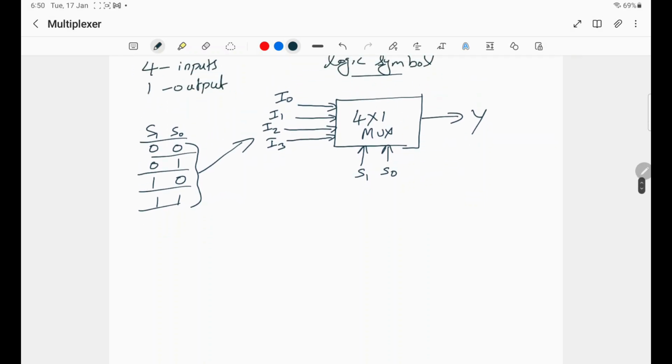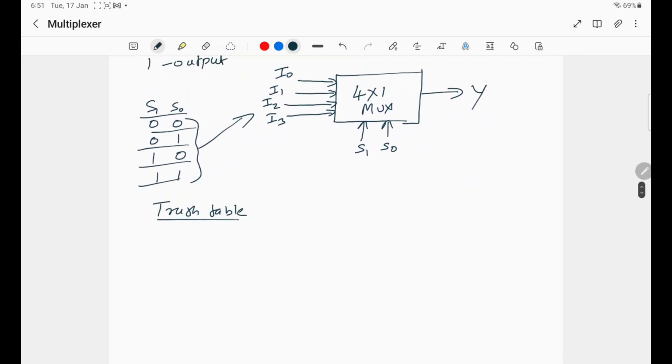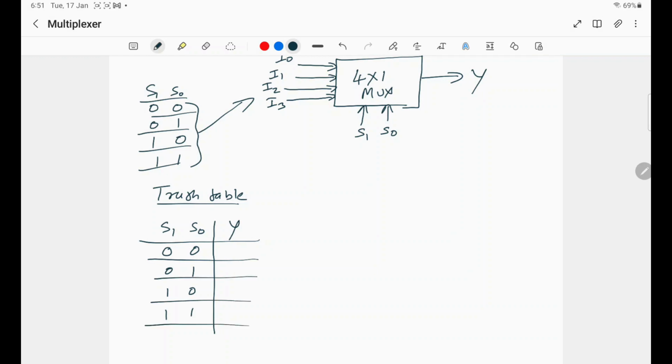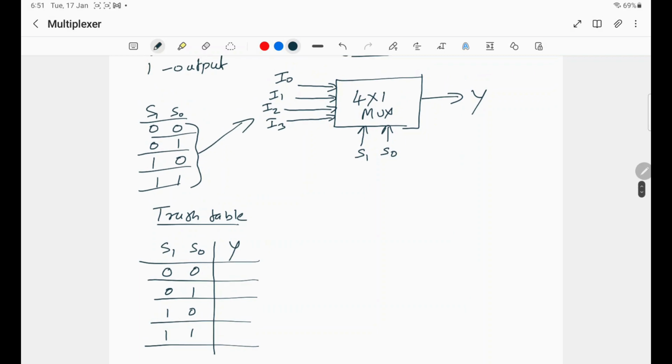We will see the truth table. In the truth table of a multiplexer, we will draw the select lines and the output. The select lines I have already mentioned. It can be 0, 0, 0, 1, 1, 0 or 1, 1. So if it is 0, 0, we can assign any input.